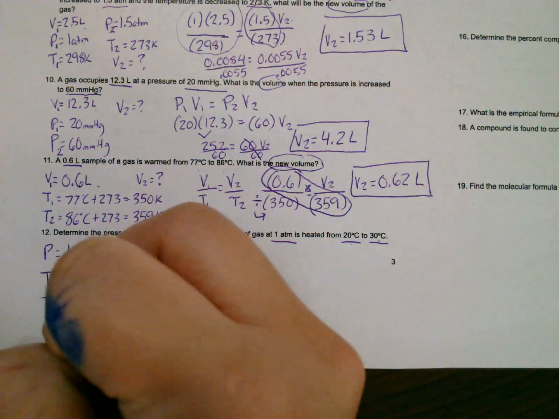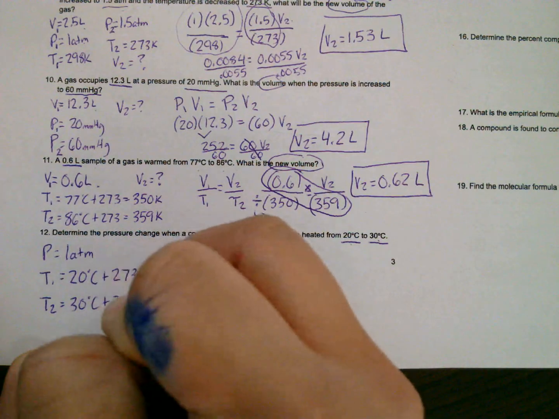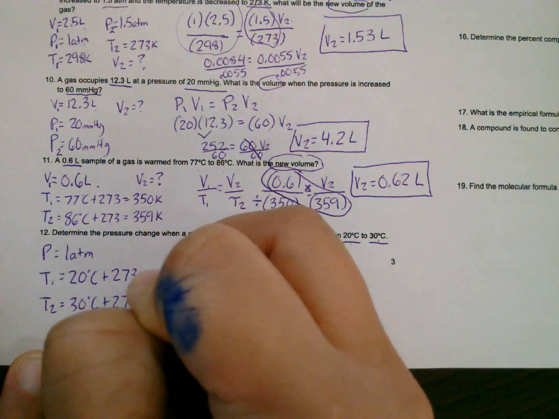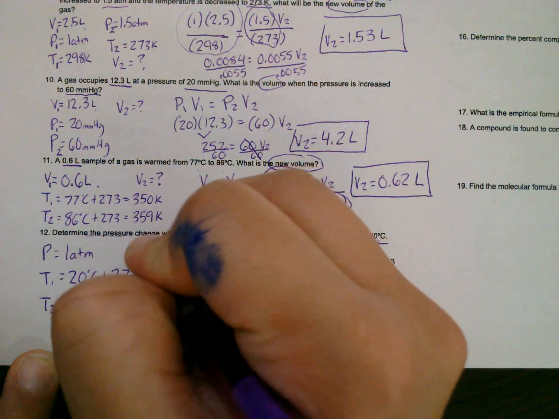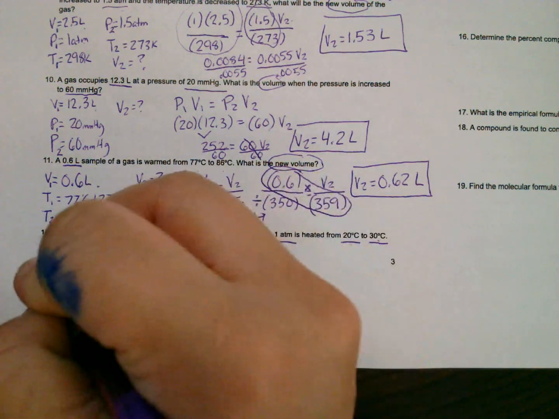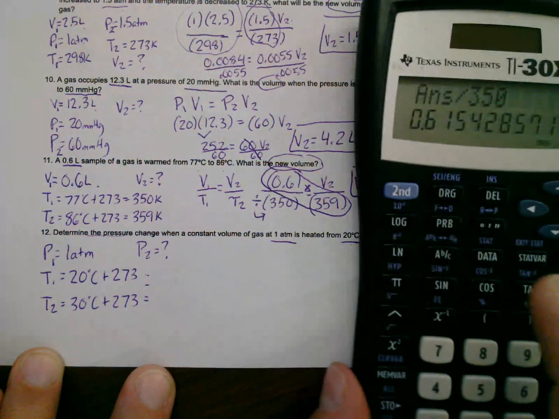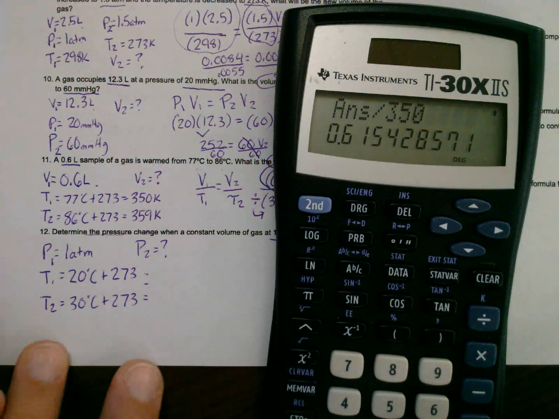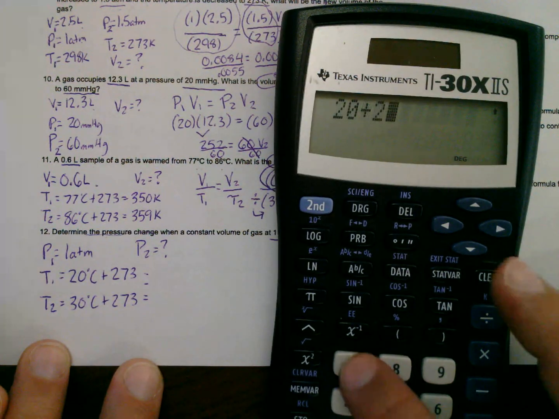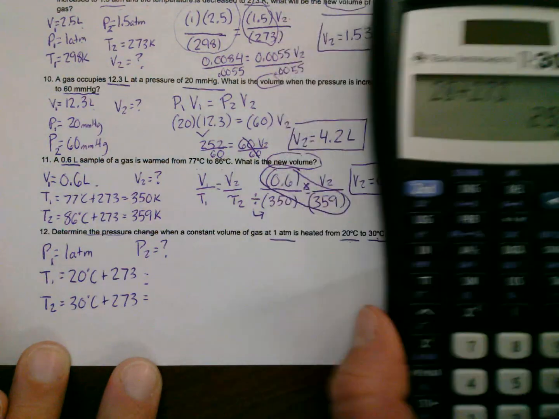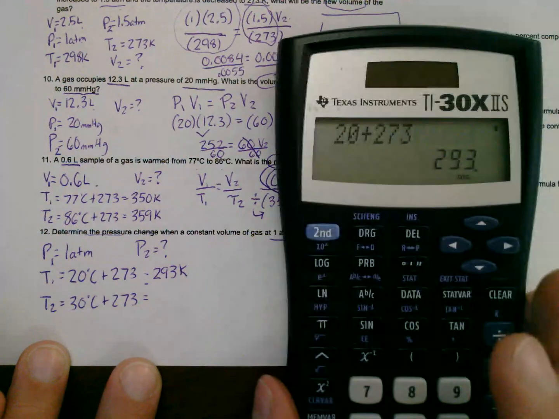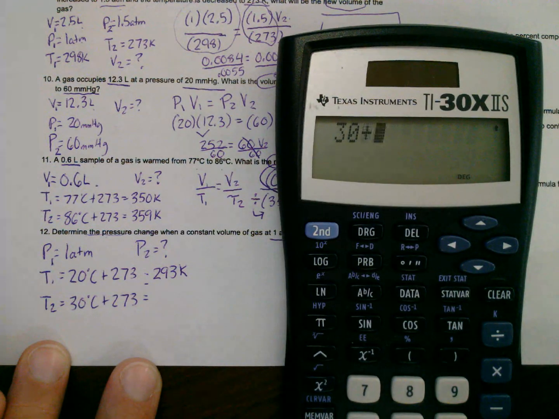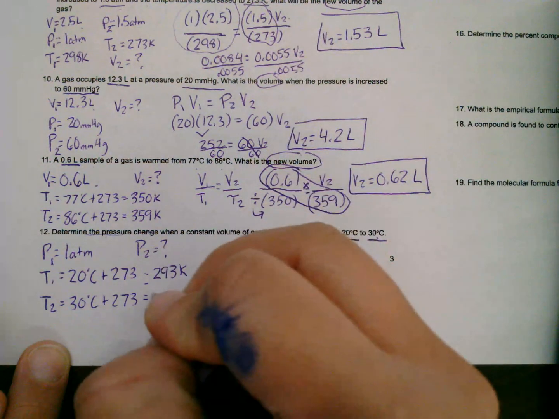T2 is 30 degrees Celsius, so plus 273. And then we're looking for our new pressure. So that means 1 atmosphere was our first pressure. All right, changing our temperature, 20 plus 273, that's 293 Kelvin. 30 plus 273, that's 303 Kelvin.